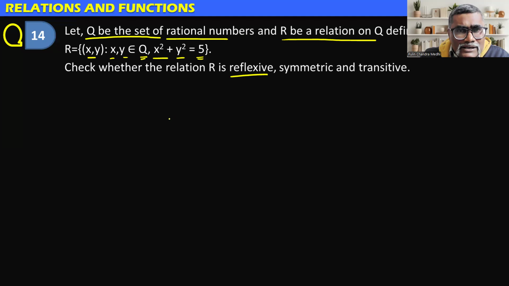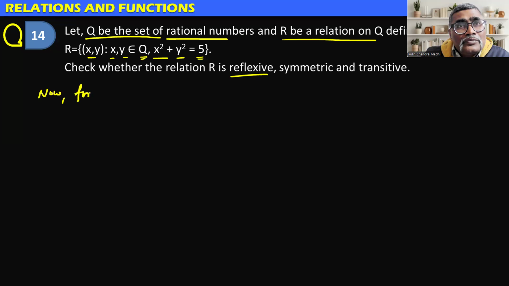So if you take two rational numbers, can there be two rational numbers such that x square plus y square equal to 5 always? Because there are many rational numbers, right? There are many rational numbers. Let me not speak more. Let us try to do it, right?